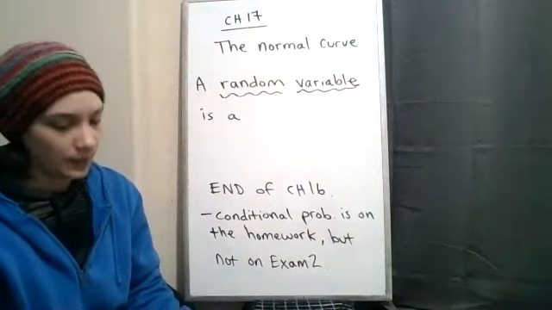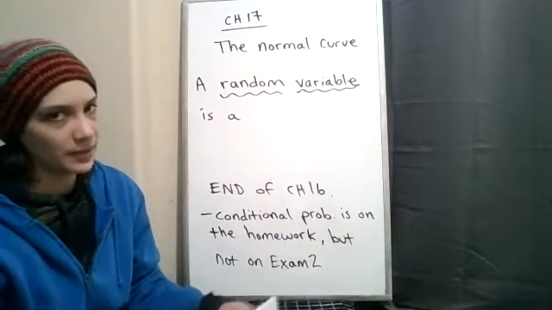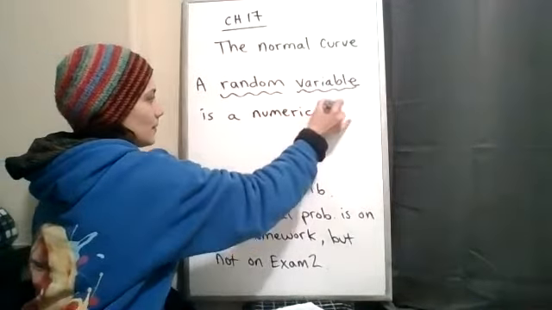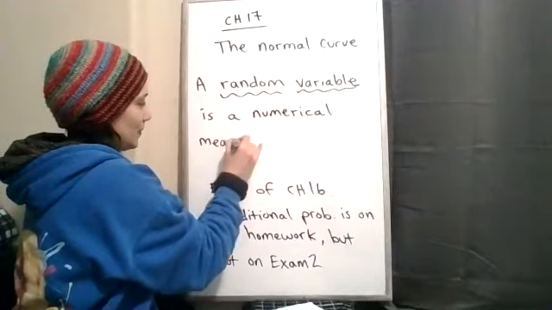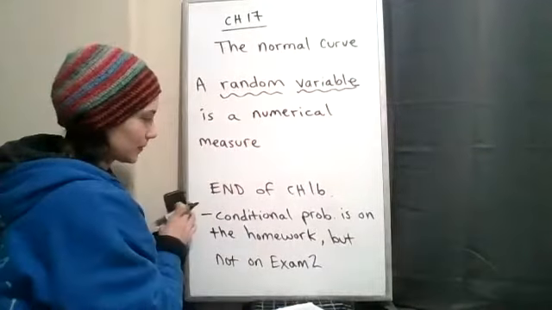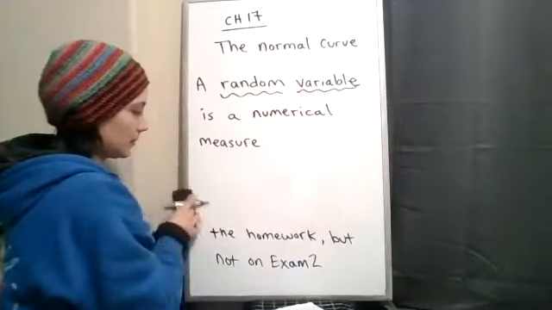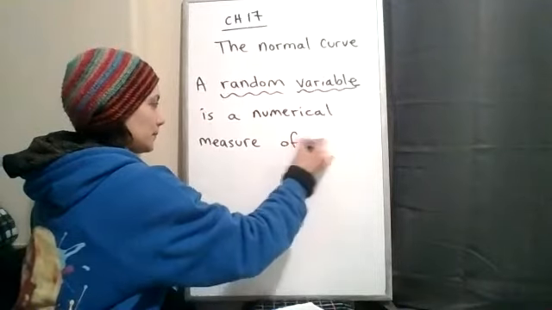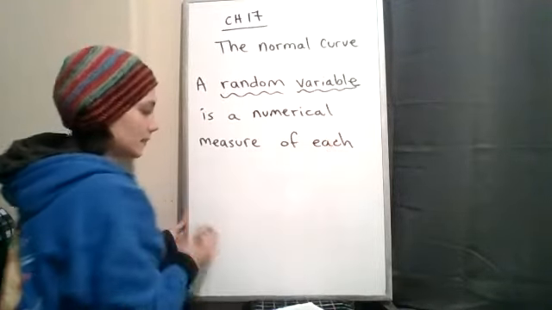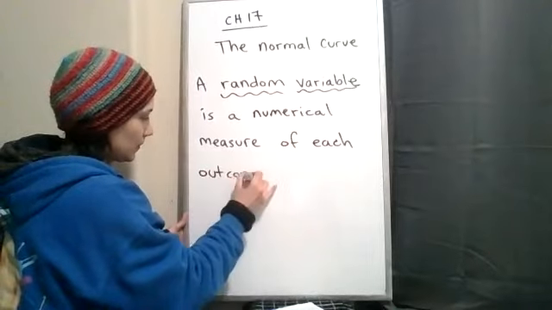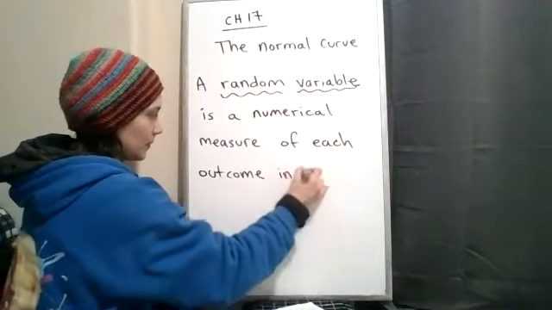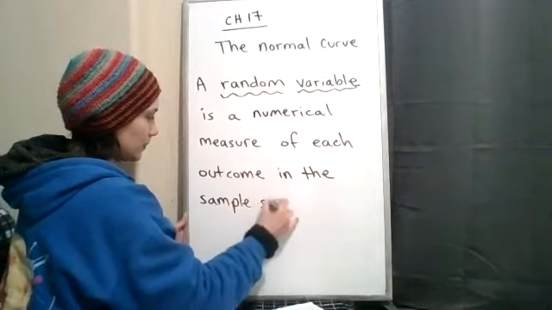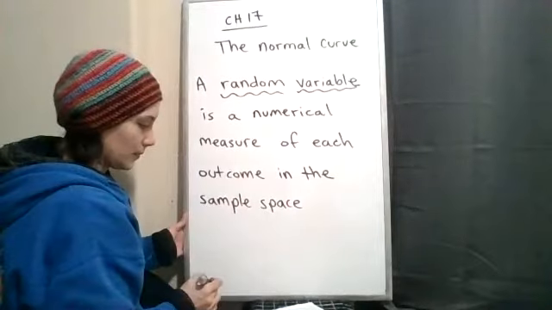A random variable is a numerical measure of each outcome in the sample space of an experiment.